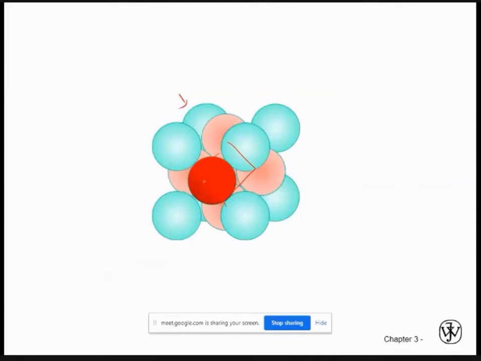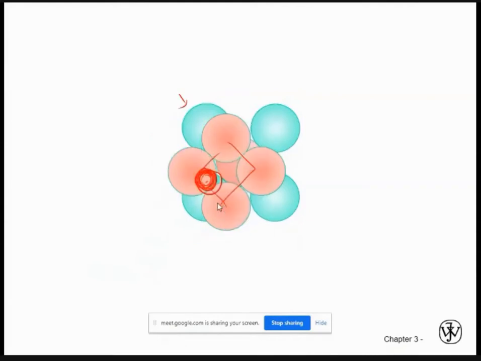I picked it dark red because I want to differentiate it, because I will calculate the amount of nearby atoms for this one. So I will calculate the coordination number related to this. So in order to do this, how many atoms touch this one until now?